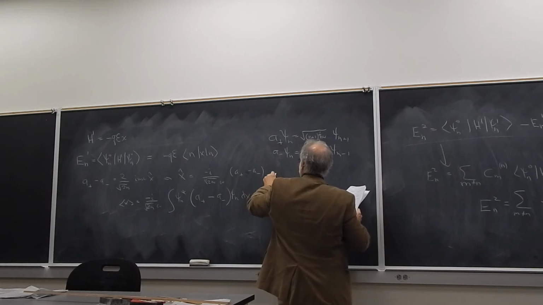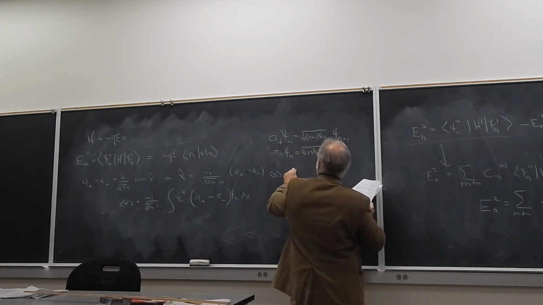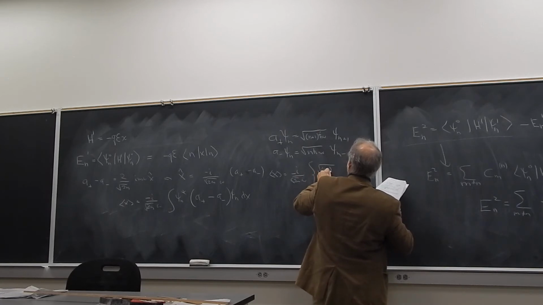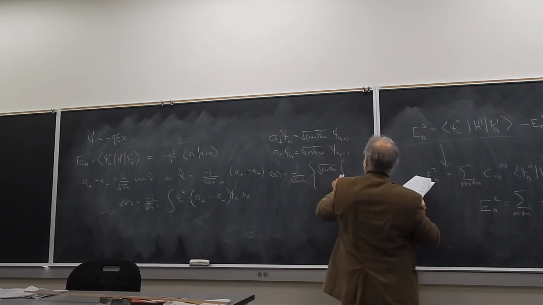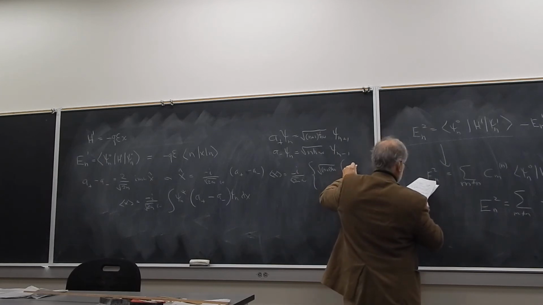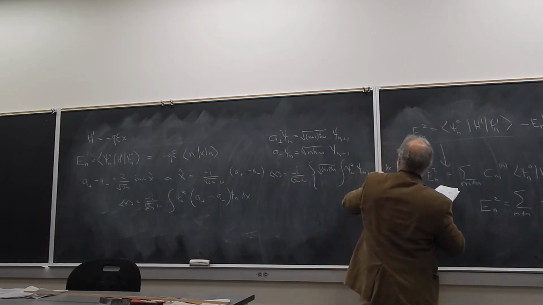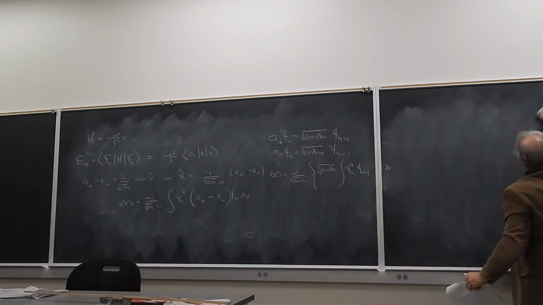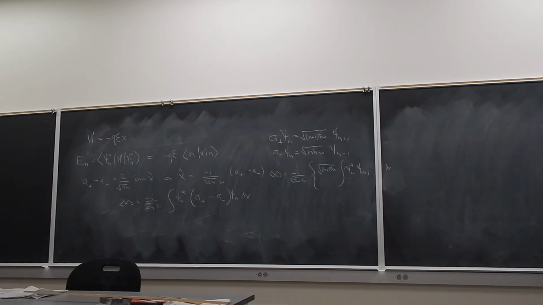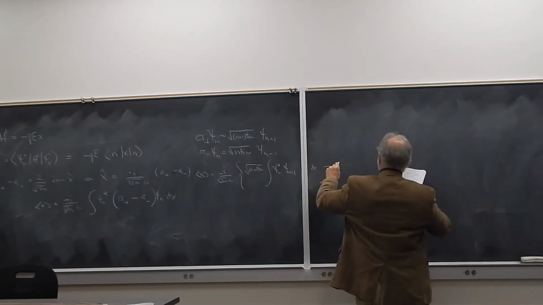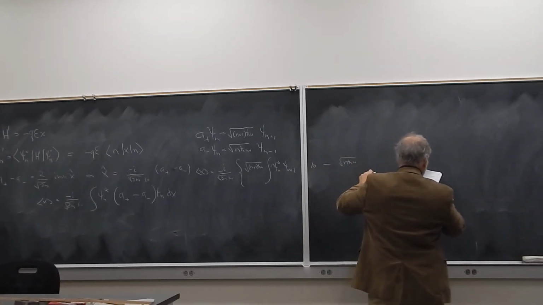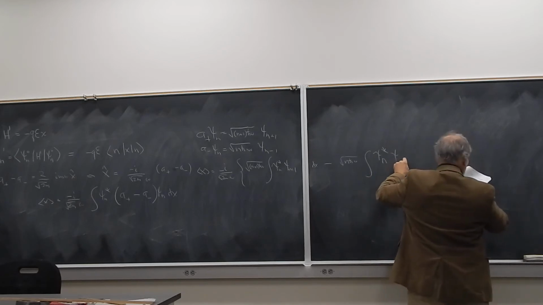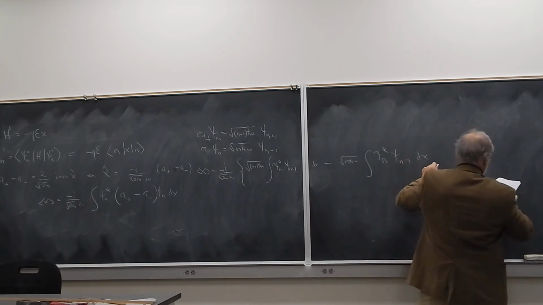That means that the expectation value of x is minus i over the square root of 2m omega, square root of n plus 1 h bar omega times the integral psi n star psi n plus 1 dx, minus square root n h bar omega times the integral psi n star psi n minus 1 dx.